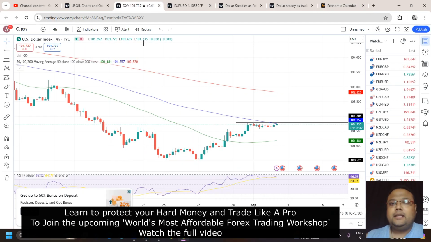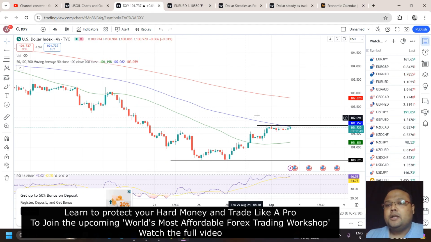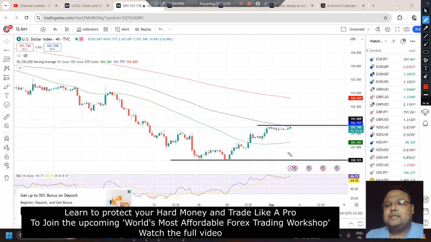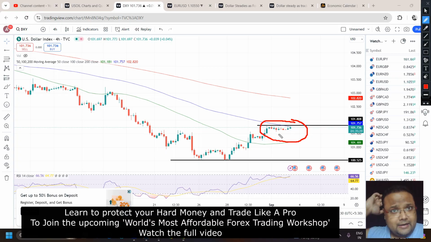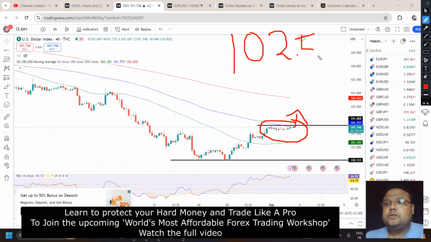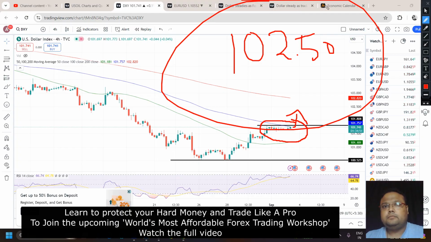Now let's look at the chart of dollar index. The dollar index is right now standing around 101.7, and we can see that it is facing resistance around the 100 moving average. If the PMI is good for the DXY, then we can expect the market to go up, and DXY will face the next resistance around 102.50.